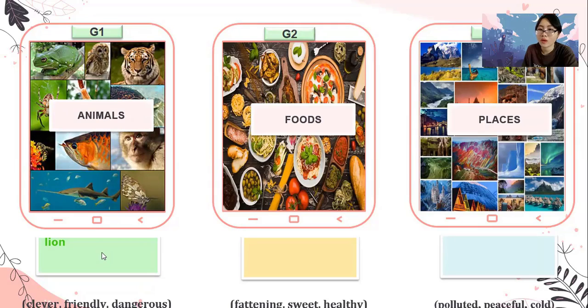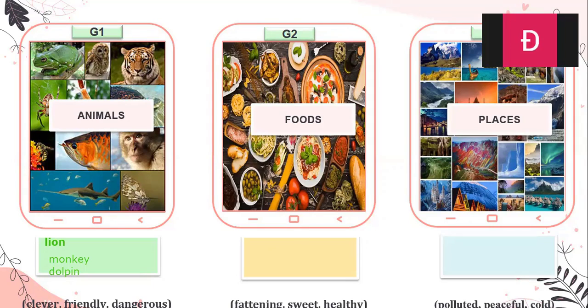Lion, and what are the rest? Monkey and... no, you just need to write 3 animals. I see there are 4. Okay. Lion, monkey, and dolphin. So each of you has to read aloud your sentence.